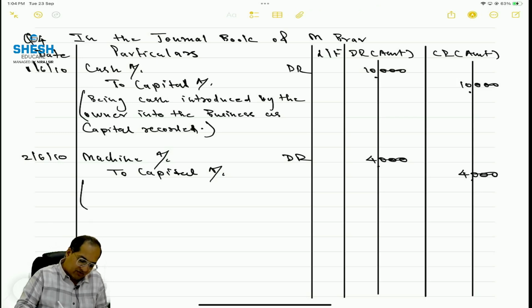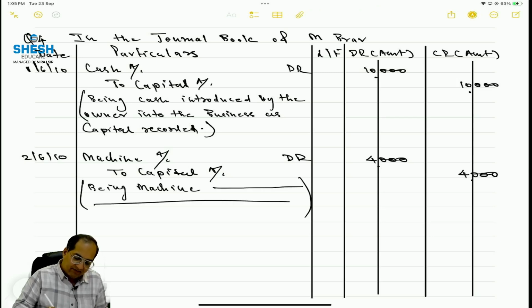Exactly the same narration. Instead of cash, we'll write being machine introduced by the owner into the business as capital recorded. Followed.